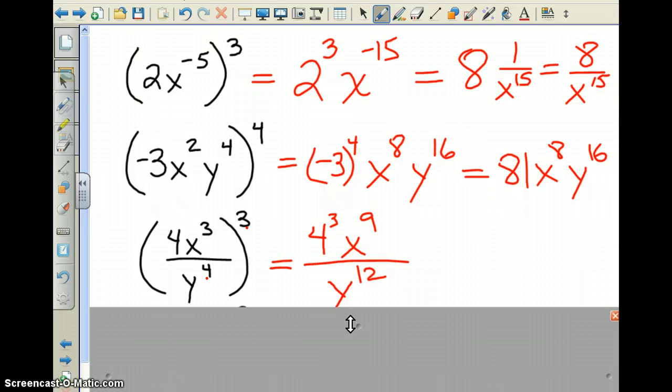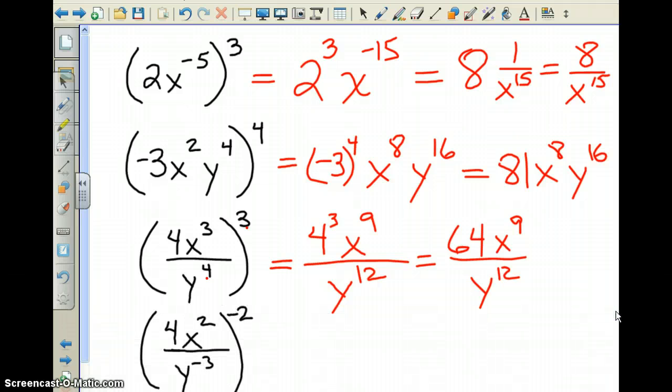And then as I simplify this, 4 cubed, 4 times 4 is 16, times another 4 is 64. x to the ninth, y to the 12th.